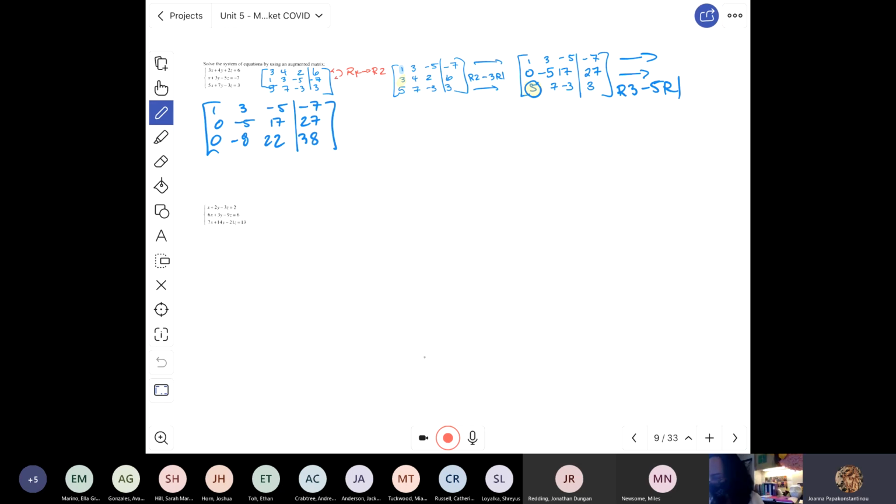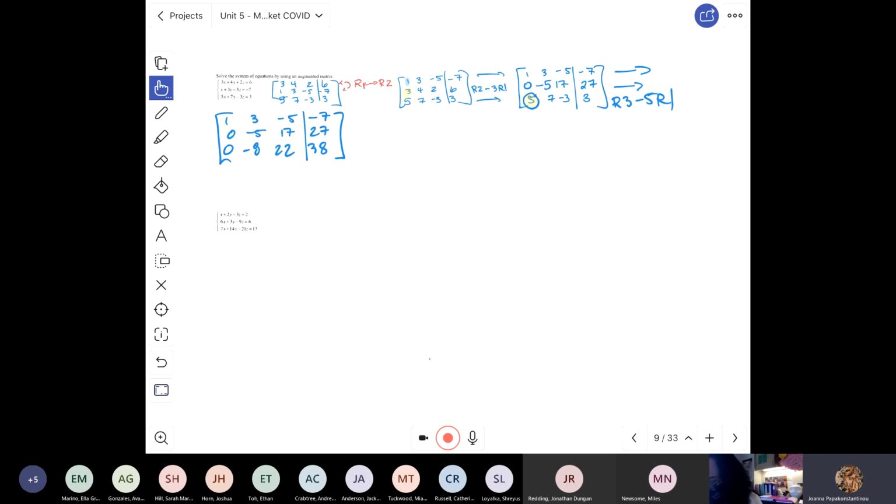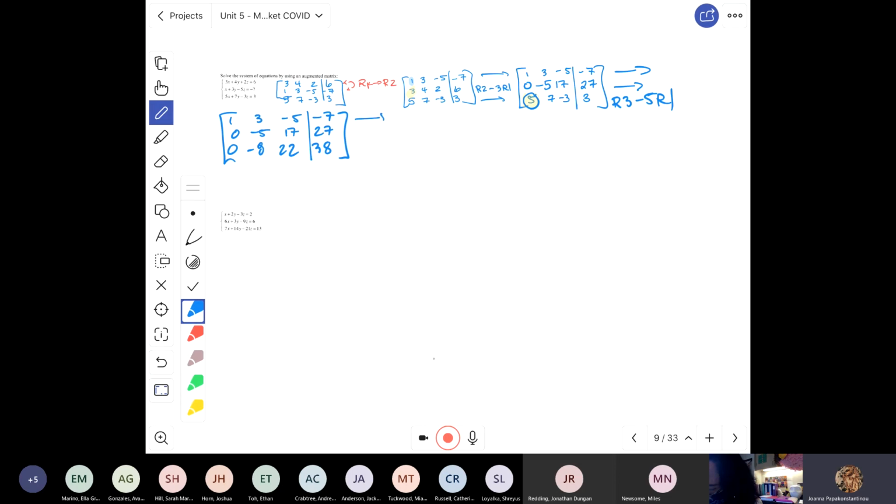Anybody want to do anything in particular next? I'm sorry, I can't hear you. By 2? Is that what you said? Yeah, why not? I mean, if you want to work with smaller numbers, I can leave the first one alone, I can leave the second one alone, and I can divide row 3 by 2.